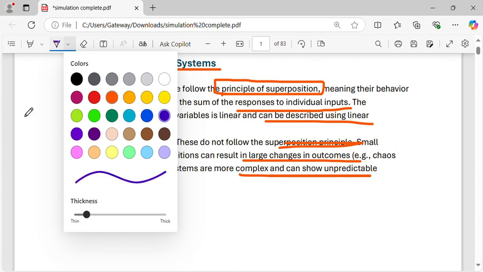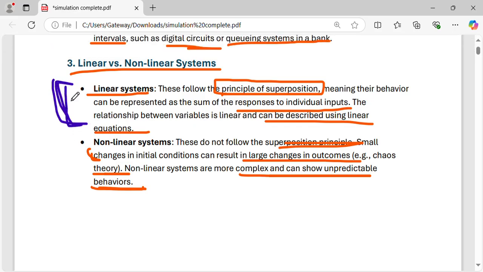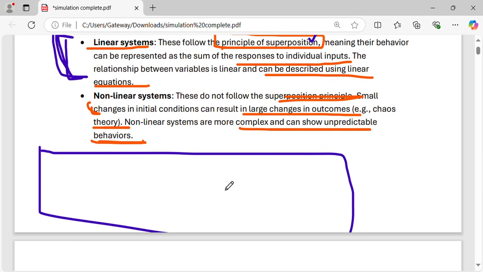I want to change my color. So yeah, in linear systems, we have this principle of superposition. What this means is that, for example, we have a bank here, right? And we want to understand it better. So a person is coming in at one instance, right?